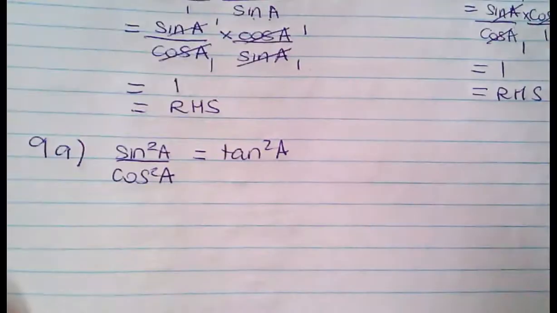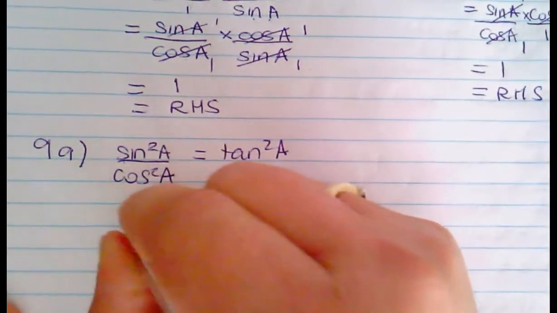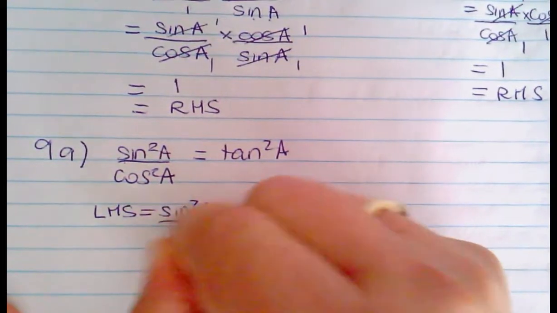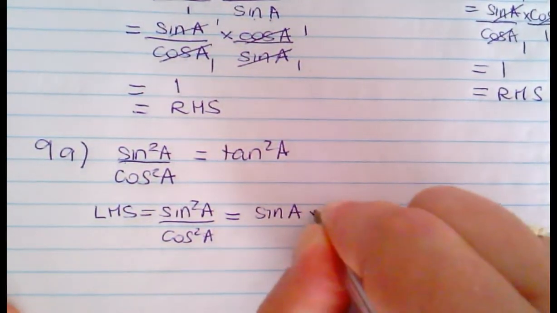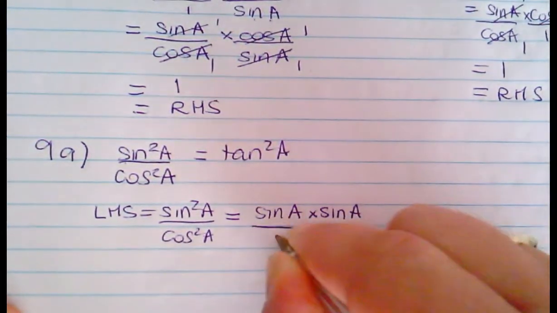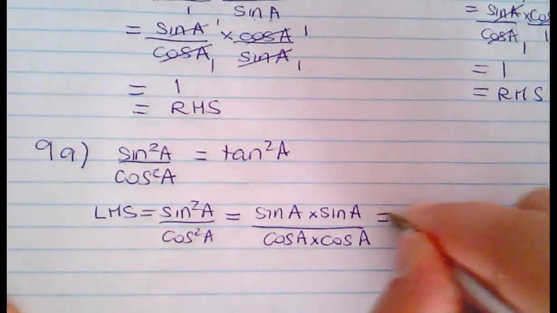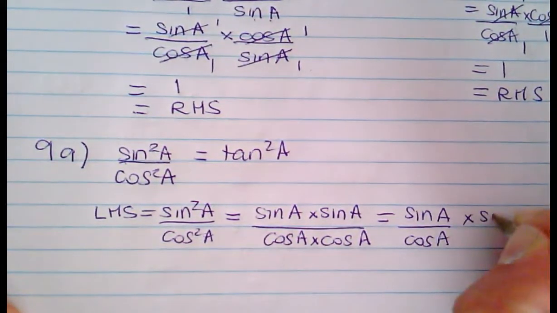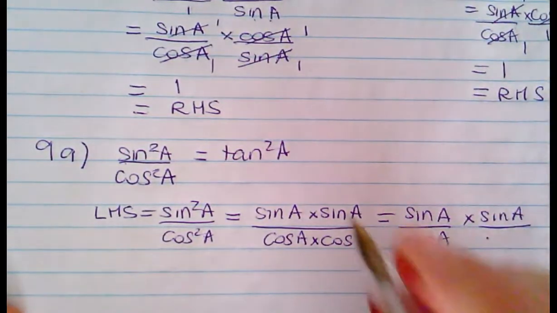And the last one is to prove that sine squared A over cos squared A is tan squared A. I'm going to start with my left-hand side: sine squared A over cos squared A. Sine squared A means sine A times sine A, and cos squared A means cos A times cos A. I could break them up, but that's a bad way to do it.